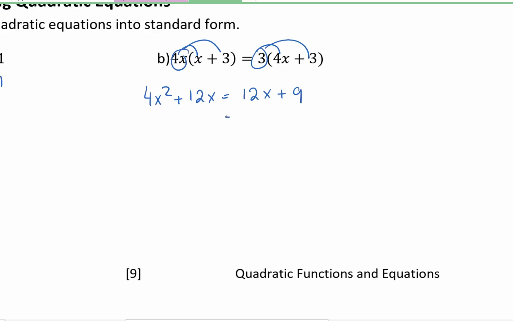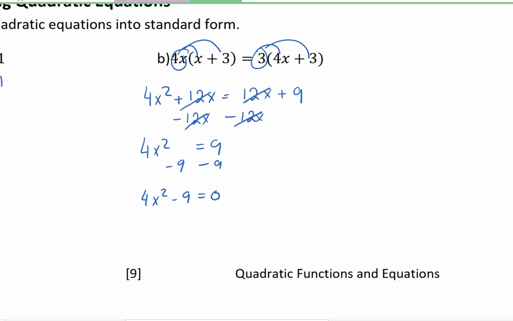Get rid of the 12x from this side, and I'll do that to the other side as well. Those are gone, so I've got 4x squared. Oh, that actually goes away as well, is equal to 9. Get rid of the 9 from both sides, and I have 4x squared minus 9 is equal to 0.